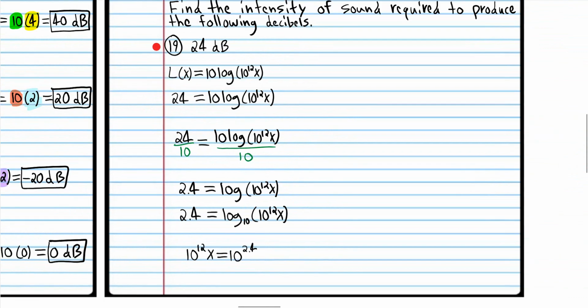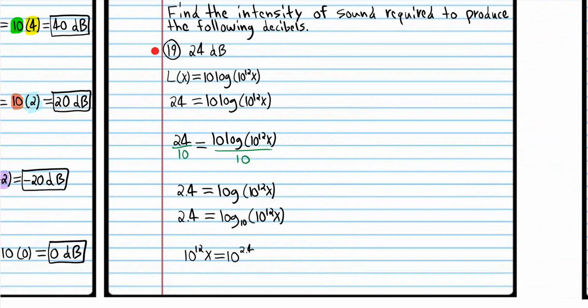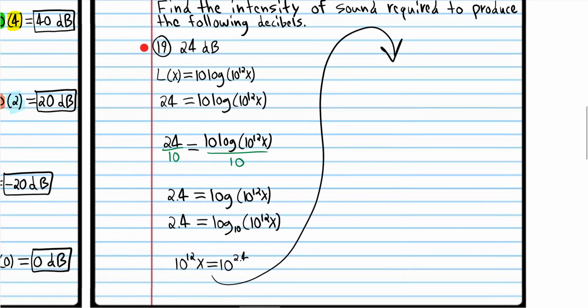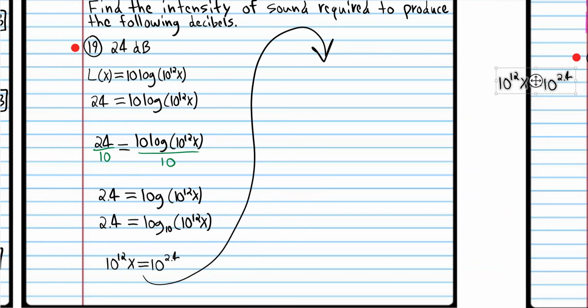That's just basic stuff when it comes to converting from logarithmic form to exponential form. That's the most important thing when dealing with logarithms or exponential expressions. You have to be able to translate back and forth. If you can't do that, then there's no way you're going to have a chance to work with these types of problems.